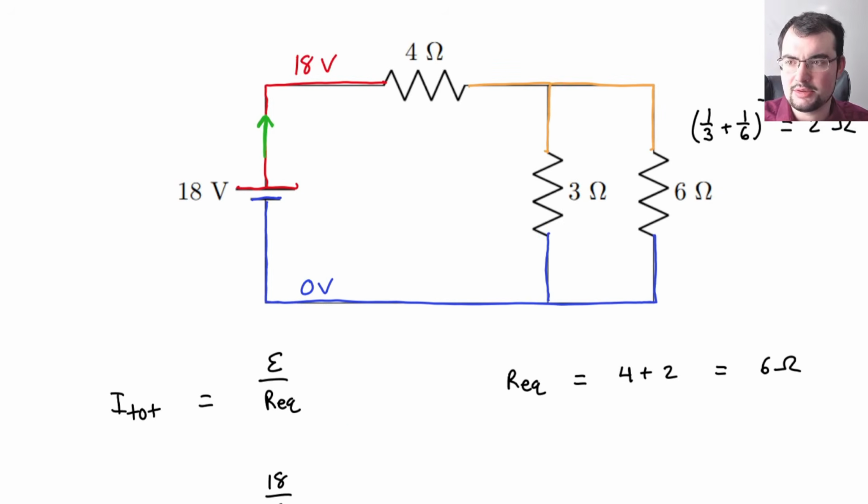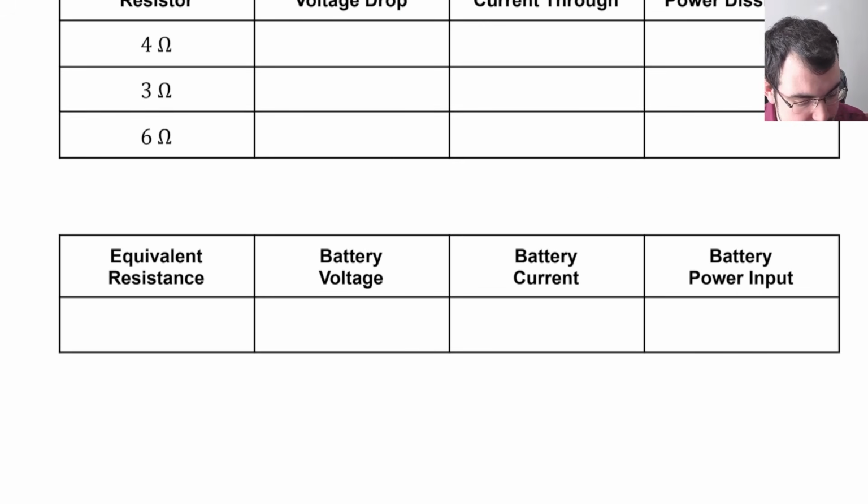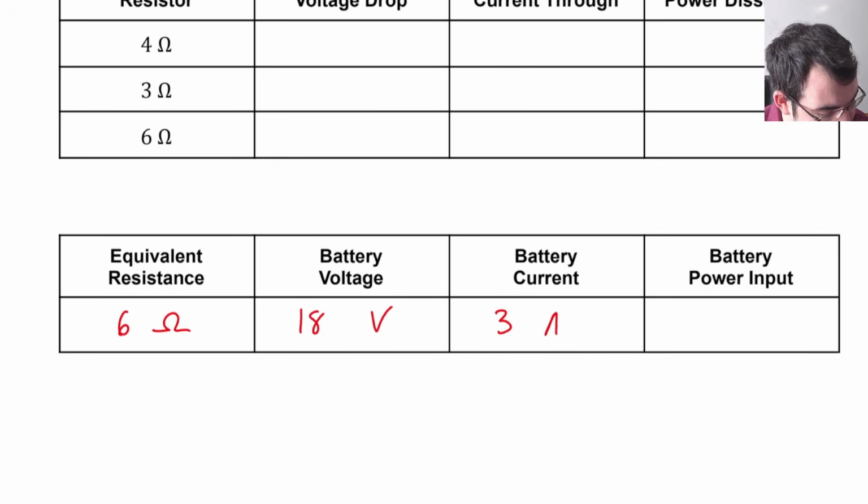All right, so we've learned some things, so let's put them in the table now. Our equivalent resistance is actually 6 ohms. Our battery voltage was 18 volts. Our battery current was 3 amps.